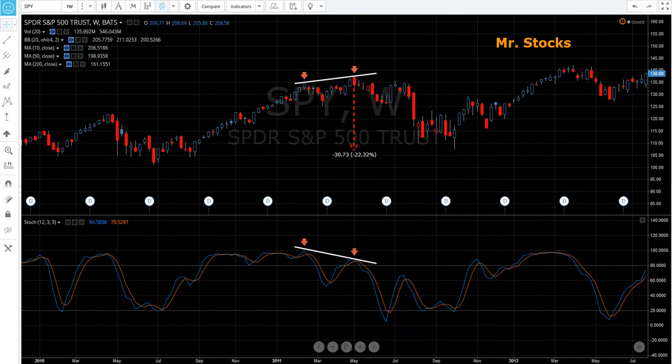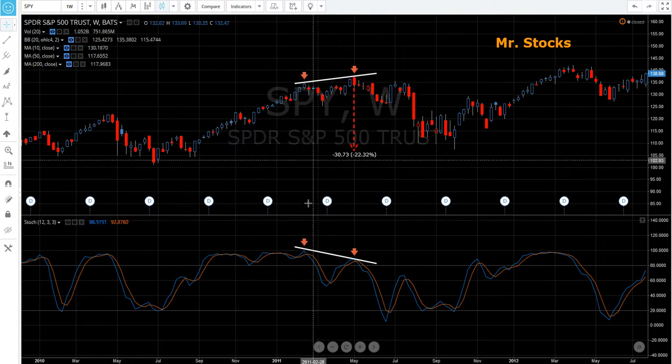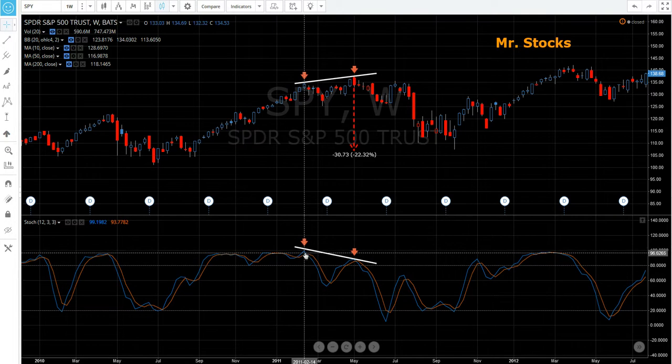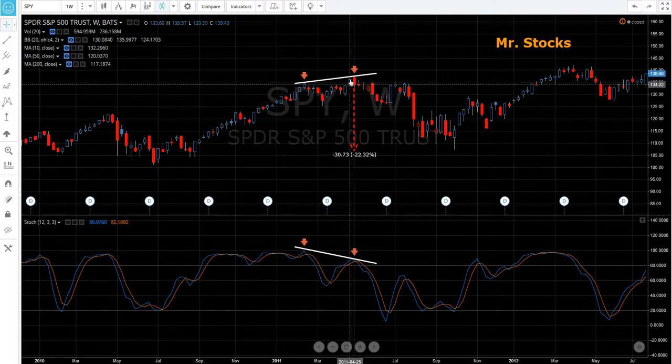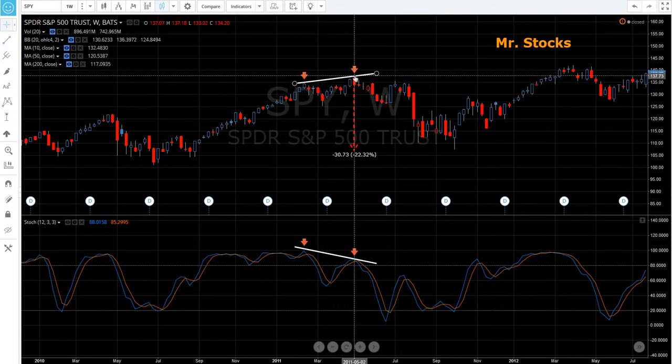Here we have the SPY from February 14, 2011 to May 2nd, 2011. So here on February 14th, we have a new price high with an overbought condition, and price pulls back and again makes a new high here on May 2nd, 2011.